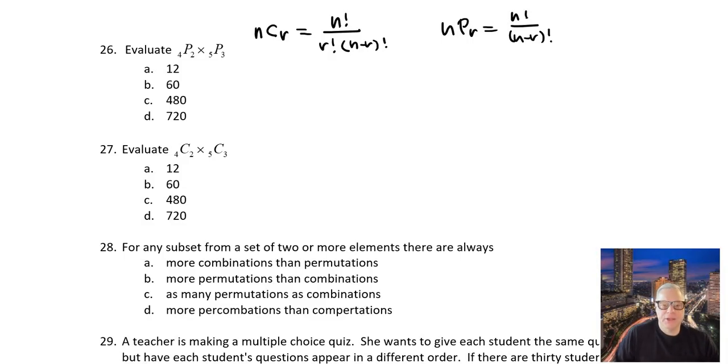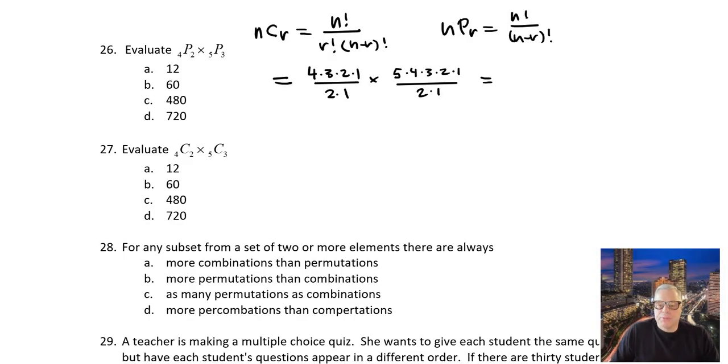Okay, so now we are supposed to evaluate this. Maybe let's see if we can do that manually. So that should be equal to 4 factorial, that's 4 times 3 times 2 times 1 over 2 times 1. So that's the first part, times 5 times 4 times 3 times 2 times 1 over 2 times 1, 5 minus 3, 2 times 1.